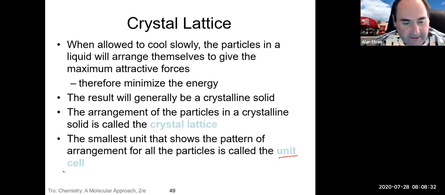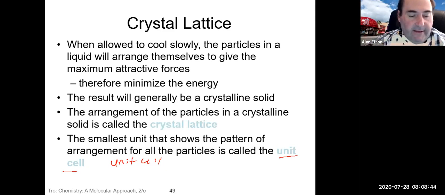On my screen, it's kind of hard to see, but that's a unit cell. A unit cell is the smallest part of the solid that shows the repeatable pattern of it. It's like a little square you could grab out, or a little portion of the three-dimensional structure that you could grab out.